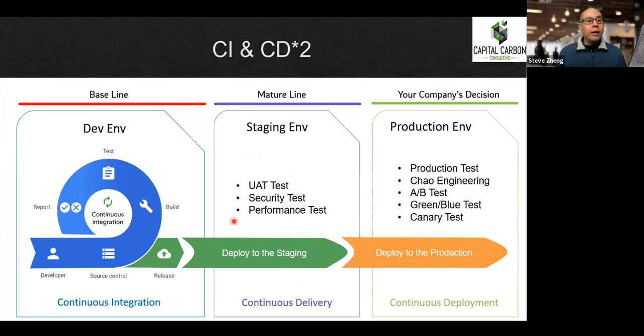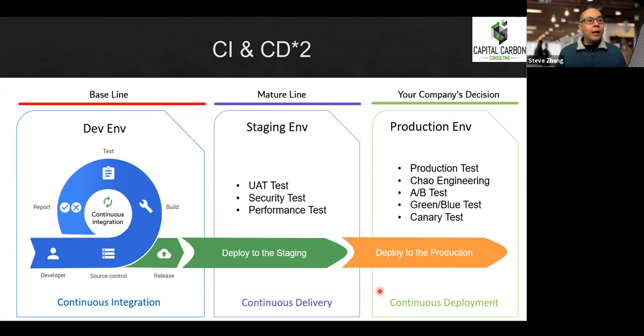Okay. In the continuous delivery environment, we run the staging test, which includes the UAT test, security test, and performance test. Remember that the staging environment, the UAT environment, is the final gate to production.